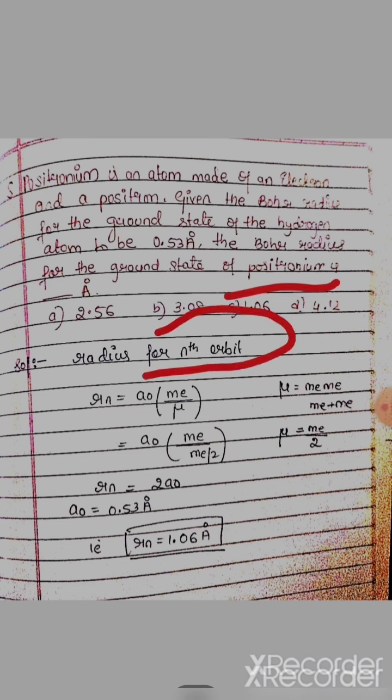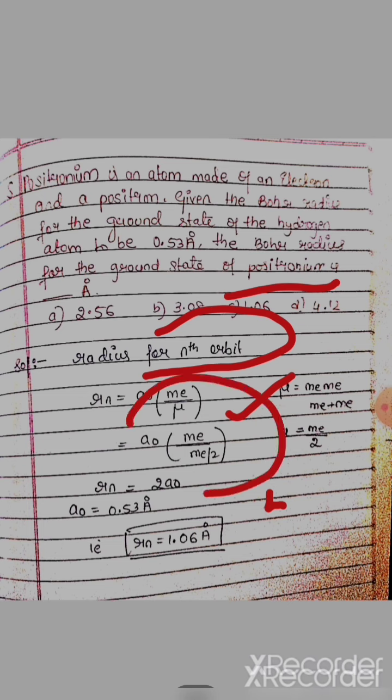Radius for the nth orbit is Rn is equal to a naught me by mu. Mu is the reduced mass, that is mu is equal to me times me by me plus me, that is mu is equal to me by 2.